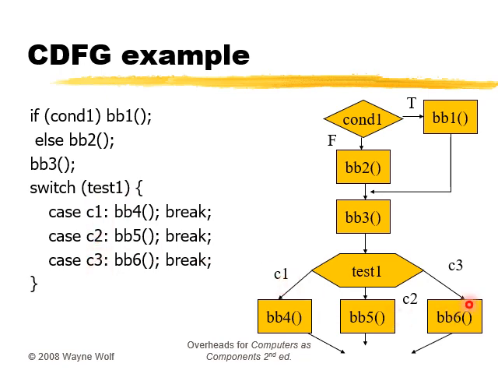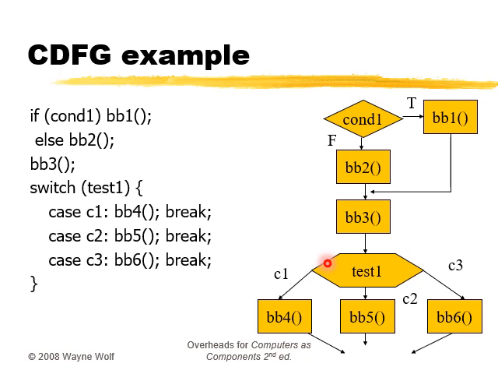In case 1 we execute basic block bb4, in case 2 we execute basic block bb5, and finally basic block bb6. So this is how our CDFG looks.